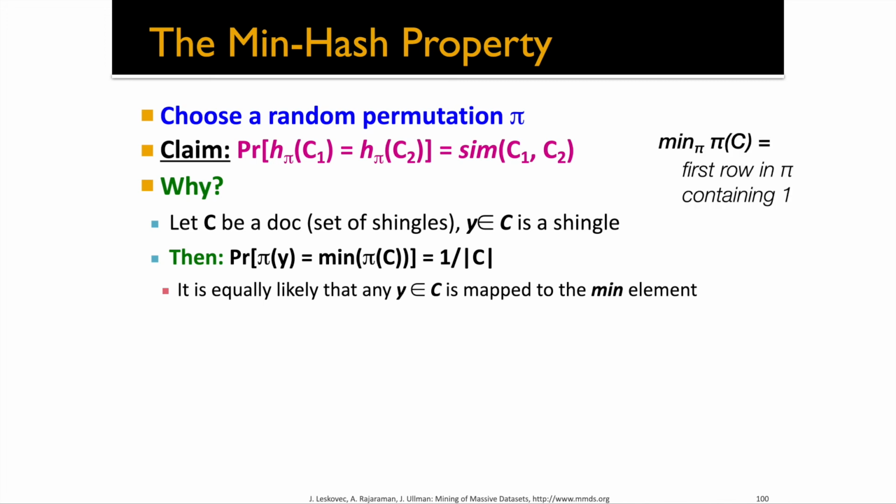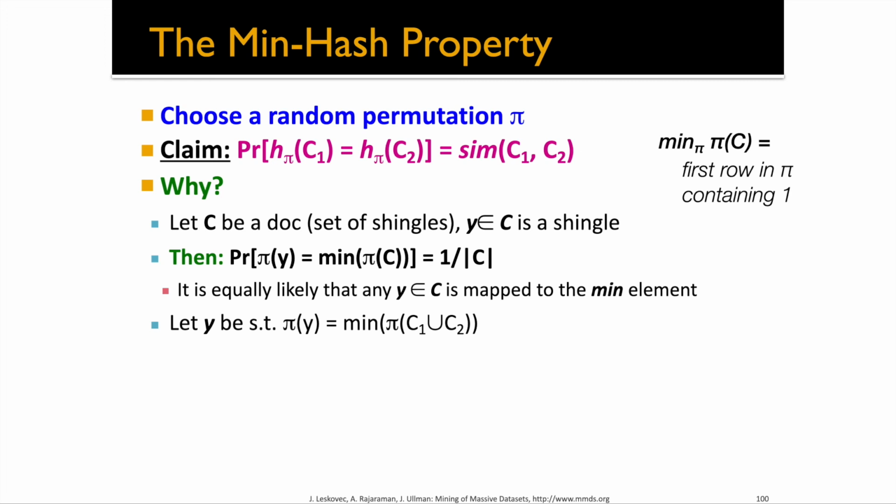Recall that the min function, as we've defined it, is the first row in our permutation that's a non-zero element. So now let's specify y as a particular shingle such that the permutation of row y is the first row in our permuted document column that is non-zero.